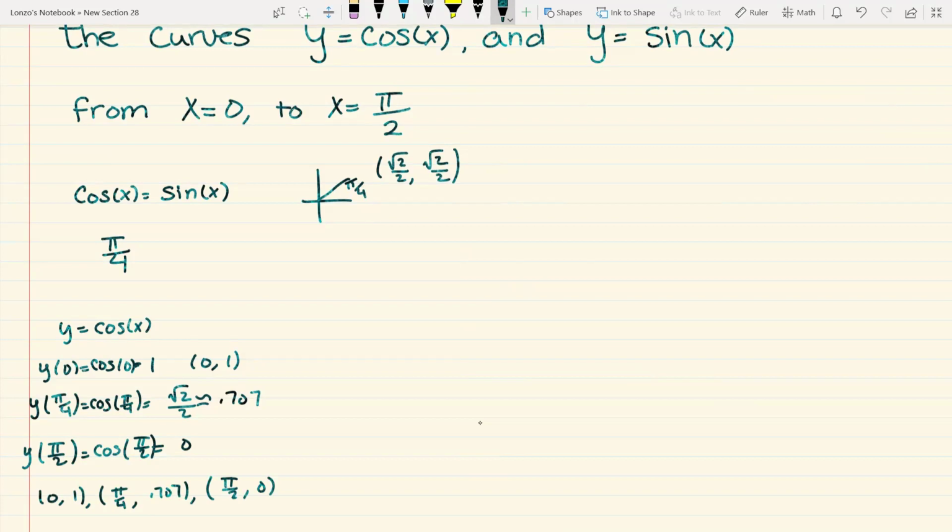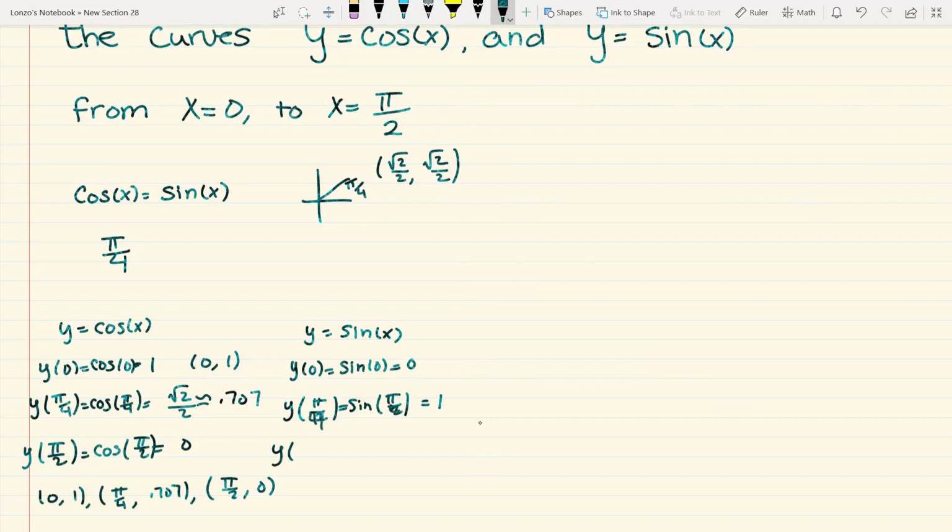And then let's do the other function, y equals sine of x. So if I do y of 0, sine of 0 is 0. Y of pi halves is sine of pi halves, which is 1. And then y of pi over 4, oops, I forgot pi over 4, sorry.